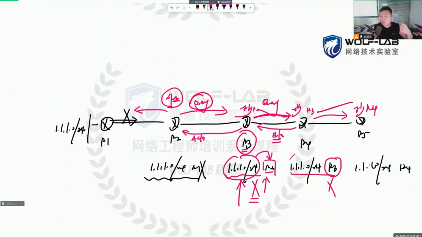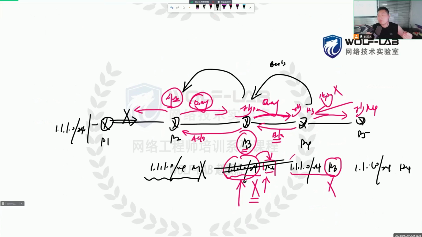After R4 receives the reply, it sends a reply to R3: this route is gone. Then R3 knows this route is no longer available, deletes the routing entry from the database, and informs R2 that this entry is unavailable. R2 deletes it.